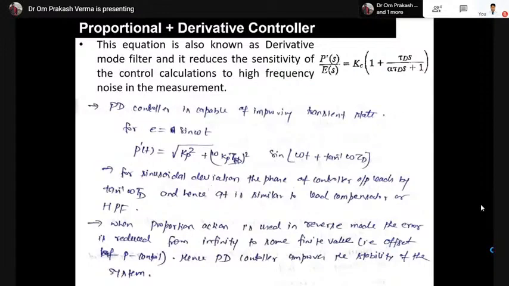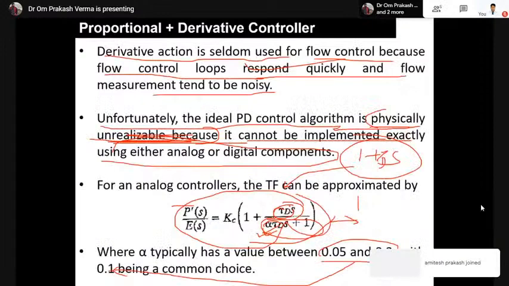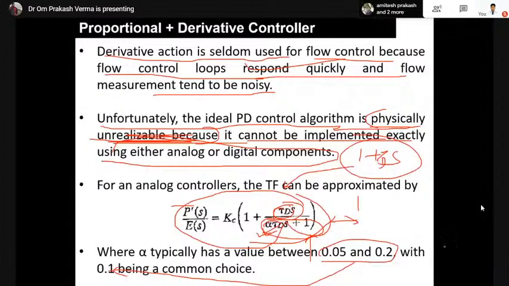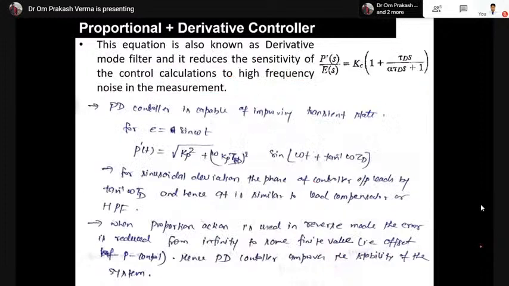This equation is written only to avoid the noise. But I have already told you that 100% of the noise can't be removed. This equation is known as the derivative mode filter. It reduces the sensitivity of the control calculation to high frequency noise in the measurement.